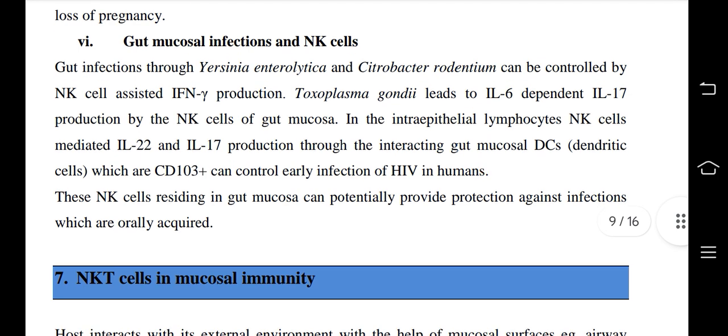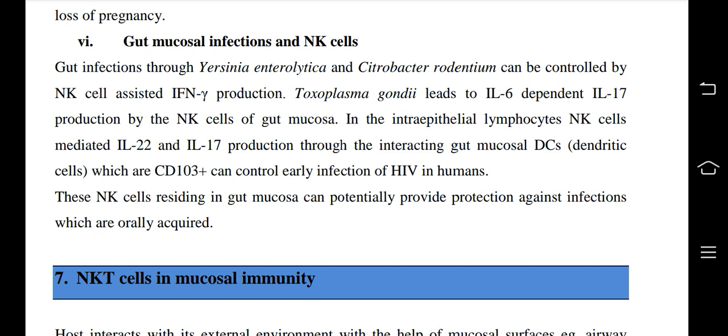Gut mucosal infections and NK cells. Gut infections through Yersinia enterocolitica and Citrobacter rodentium can be controlled by NK cell assisted IFN gamma production. Toxoplasma gondii leads to IL-6 dependent IL-17 production by the NK cells of gut mucosa.